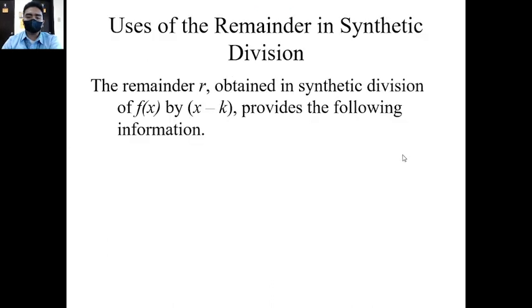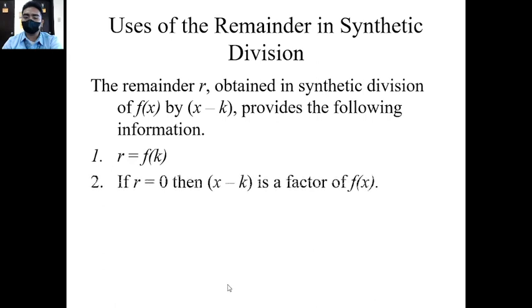So, last, uses of the remainder in synthetic division. By definition, the remainder obtained in synthetic division of f of x by x minus k provides the following information. In this case, we have r is equal to f of k. Second, if r is equal to 0, then x minus k is a factor of f of x.